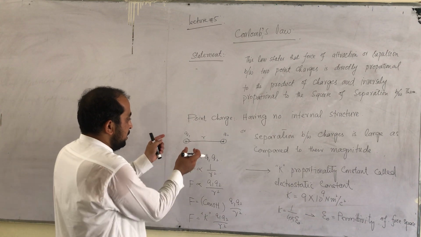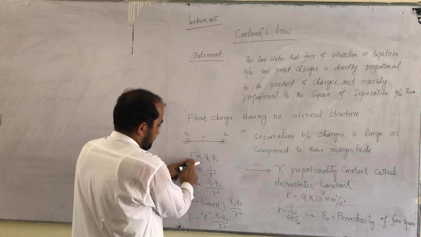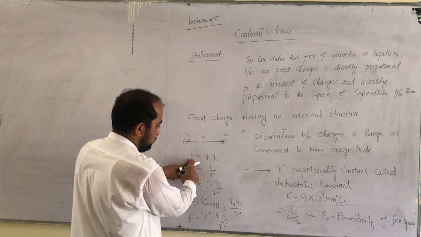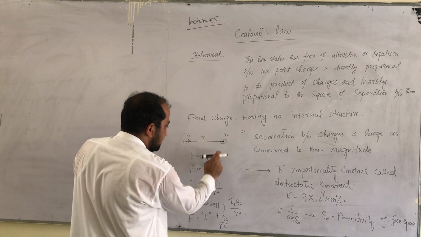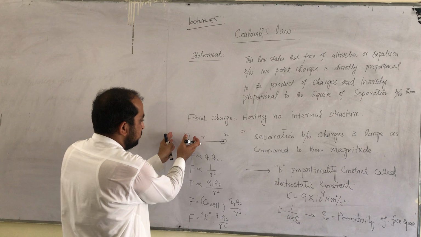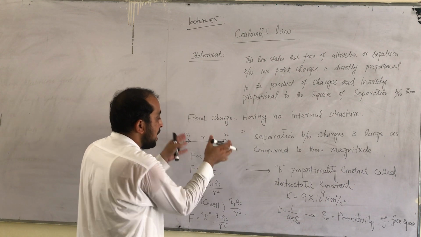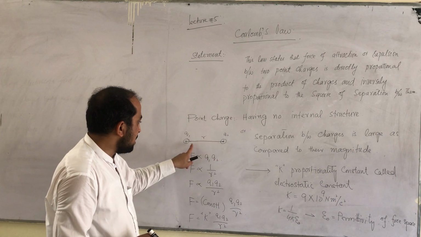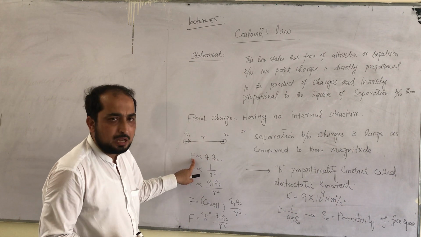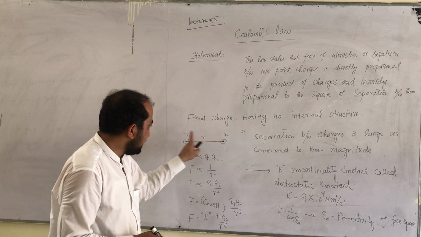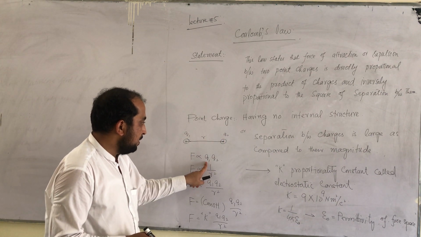Now, the force, which is called electrostatic force or Coulomb force, depends upon the product of the magnitude of the charges. Means if the magnitude of both the charges is very large, the force of attraction or repulsion will also be very large, because it is directly proportional to the product of the magnitude of the charges.